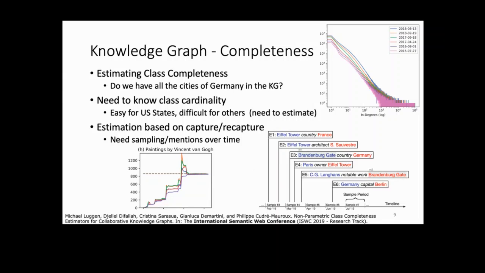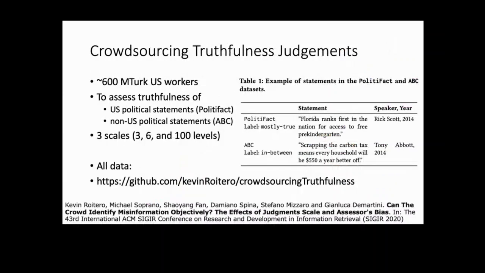Okay, so let me move to another domain in which we use crowdsourcing, and again, where we observed a bias problem. Here the task is truthfulness judgments. So we are asking crowd workers to tell us whether a statement, a piece of news, is true or not.